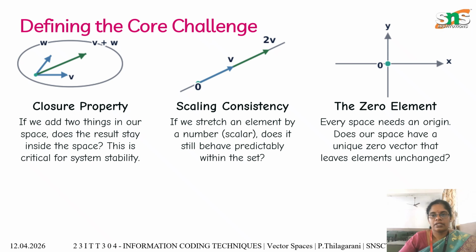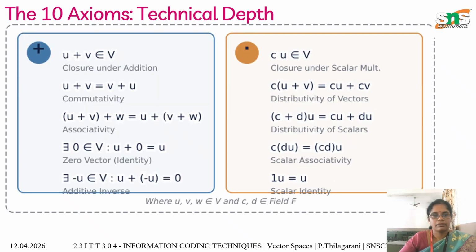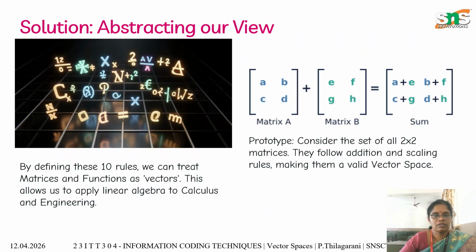The zero element: every space needs an origin. Does our space have a unique zero vector that leaves elements unchanged? This is the technical depth of these vector spaces.